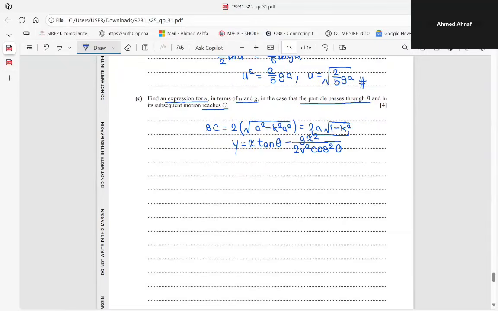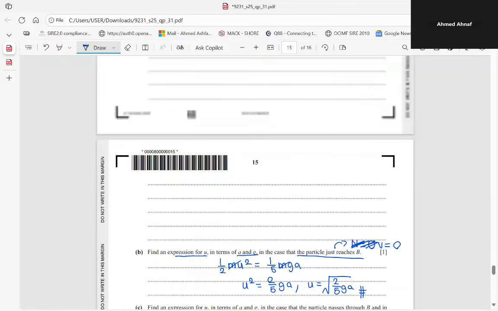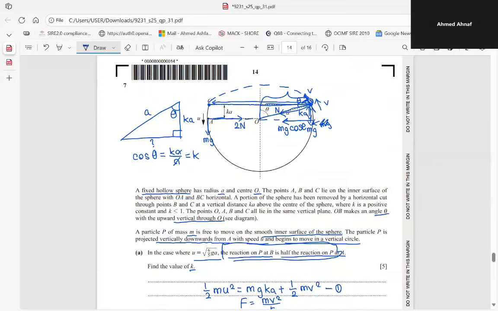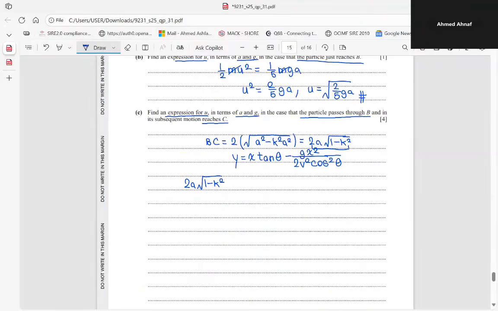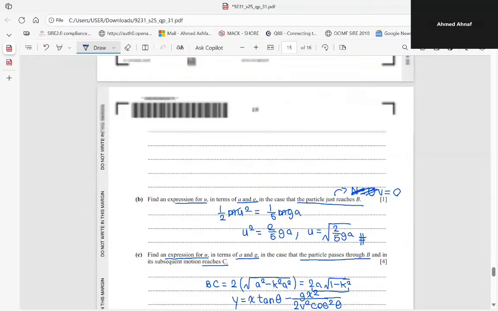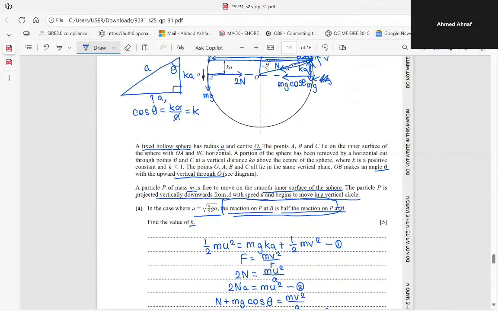So x is 2a square root 1 minus k squared. Tangent theta would be opposite over ka, so this is a root 1 minus k squared. So tangent theta would be a times root 1 minus k squared over ka. The a's cancel out, so you just get this.